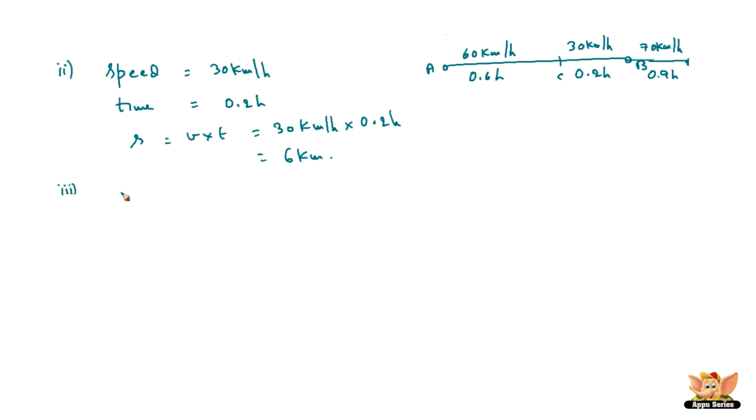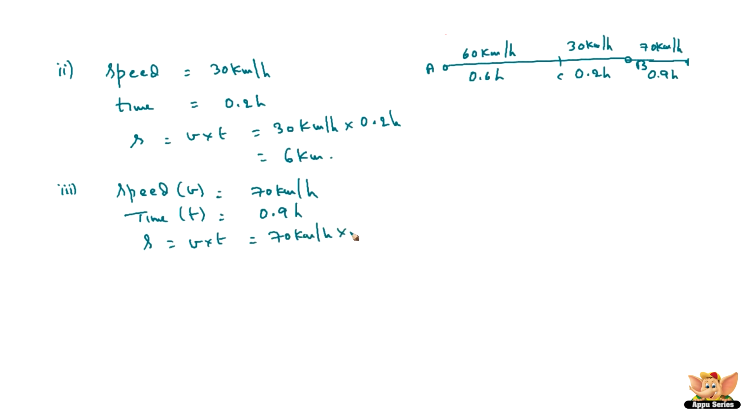And in the third case, speed V is equal to 70 km per hour and time T is equal to 0.9 hour. Hence, S, the distance traveled, is V into T, which is 70 km per hour into 0.9 hour, which will amount to 63 km.